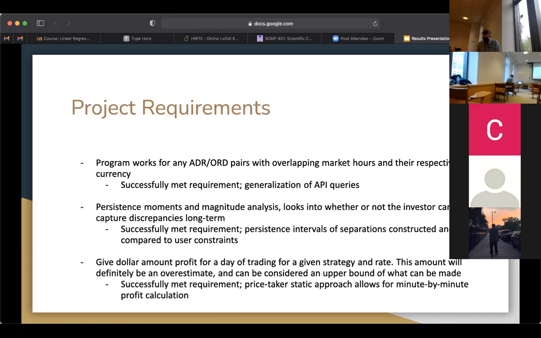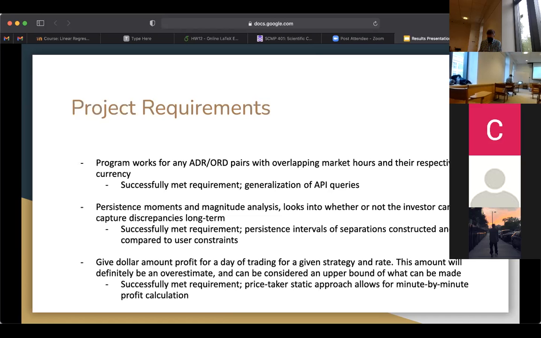And that obviously incurs a cost and a commission that goes to the depository institution. So there's this instantaneous or near instantaneous swap that goes on to perform this type of arbitrage. So you need overlapping market hours so that you can trade either side simultaneously. And it was pretty easy to meet this requirement. I just had to generalize the API queries that I ran in my program, which was not too hard.